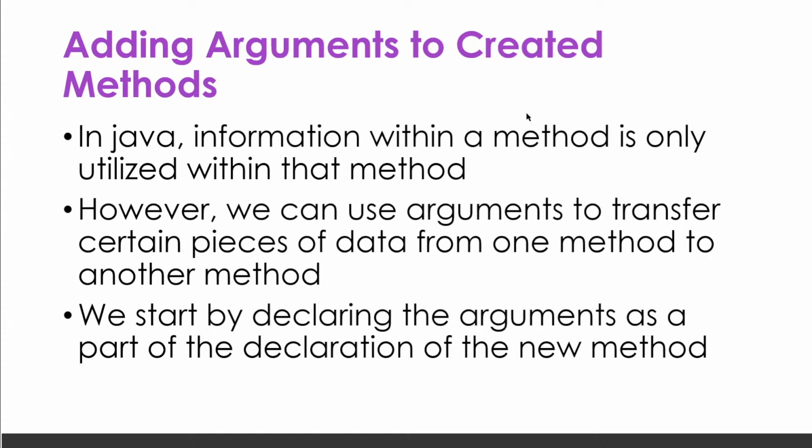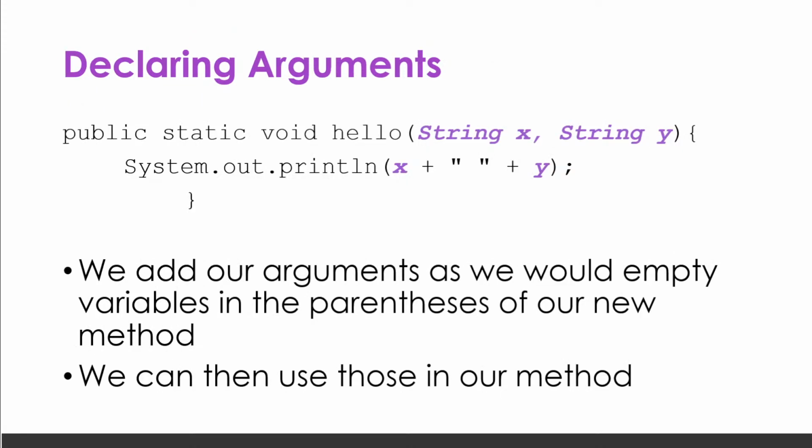We can add arguments to created methods, which we've already talked about. Arguments or parameters, being able to send data through our pneumatic tube from one function to another function. And we've seen our declaring objects syntax here, right? So we see this example here. We have string x and string y.